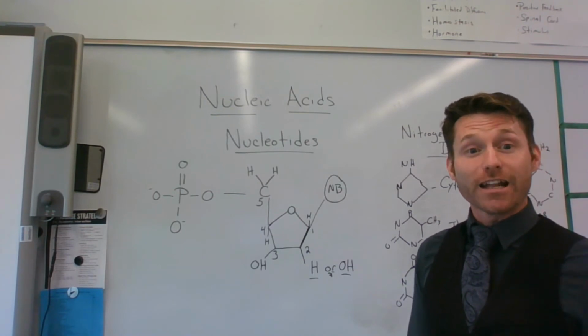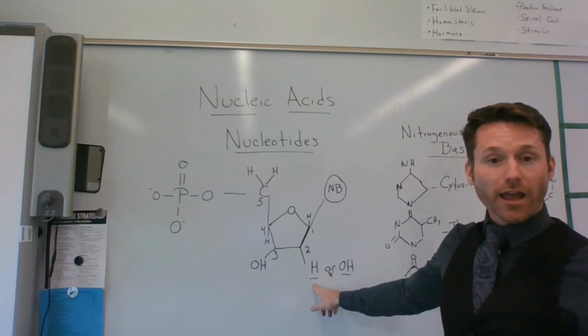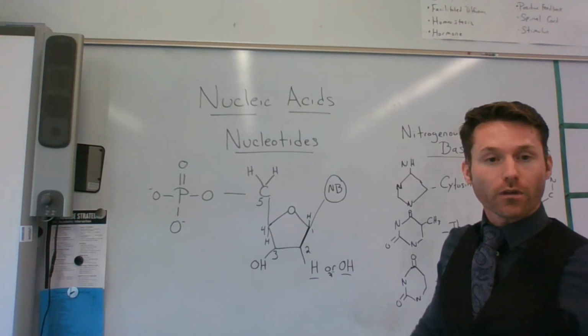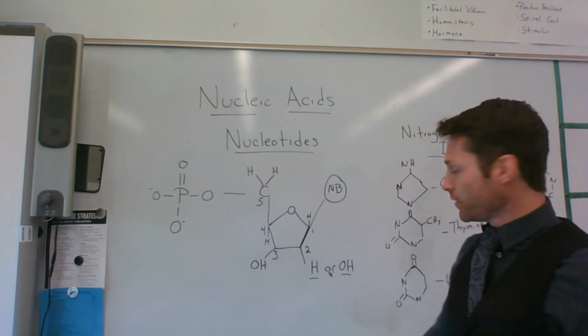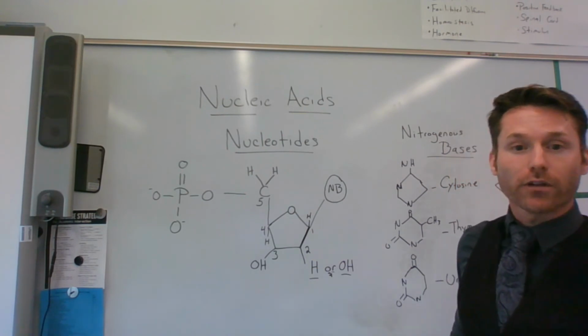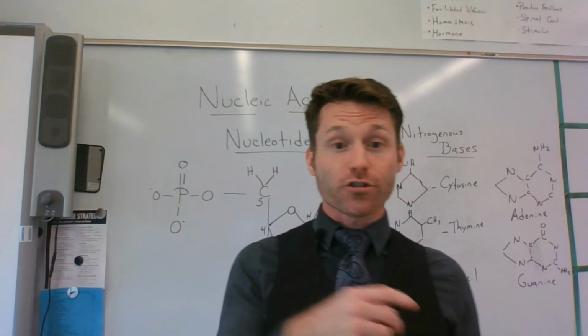DNA, the deoxygenated version of this ribose sugar, has a hydrogen at this second carbon, whereas the RNA has an OH at this second carbon. So it's a very slight difference between DNA and RNA structurally.